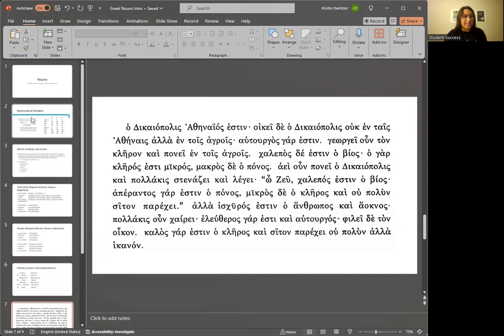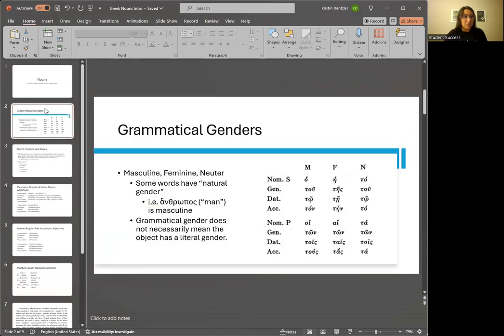You will see the endings for nouns a lot, a lot. So this is something that you really want to get down. In terms of Greek, I don't know what other languages y'all have studied, but in English, we don't have grammatical gender, right?